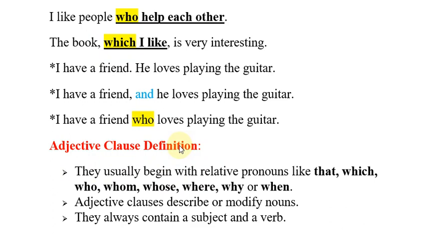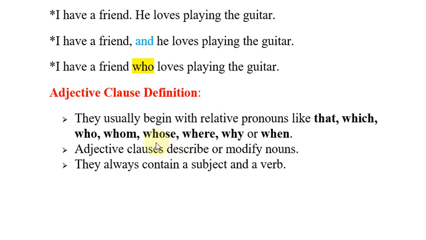Good so far. Now let's take a look at the definition of adjective clauses. Adjective clauses usually begin with relative pronouns like that, which is for people and things, which for things, who for people, whom again talks about people, whose, which shows possession, where, why, and when.